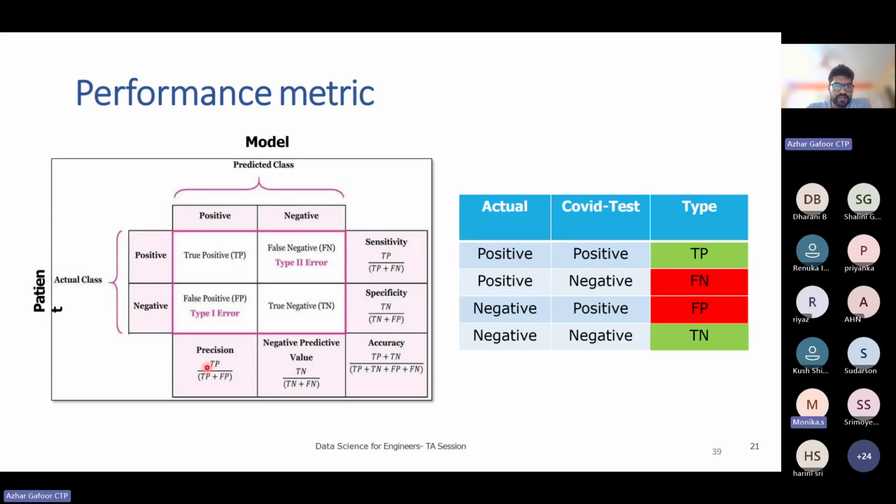Then we have some metrics. If you remember this table, it's pretty good. Precision is nothing but true positive divided by true positive plus false positive.